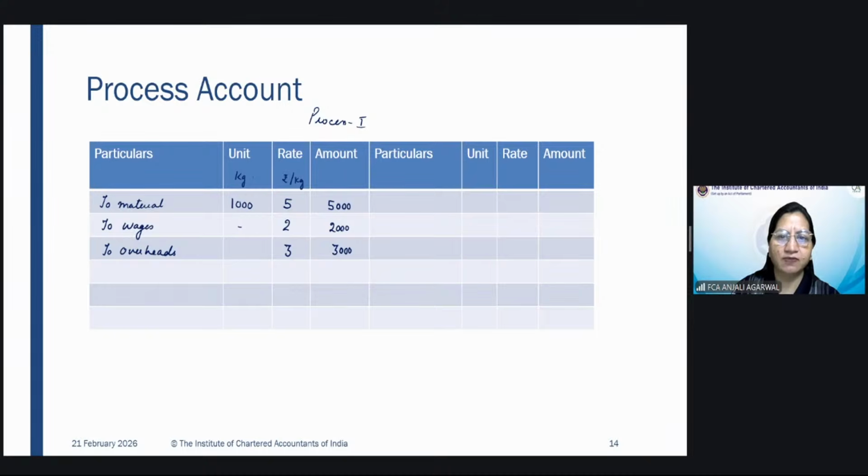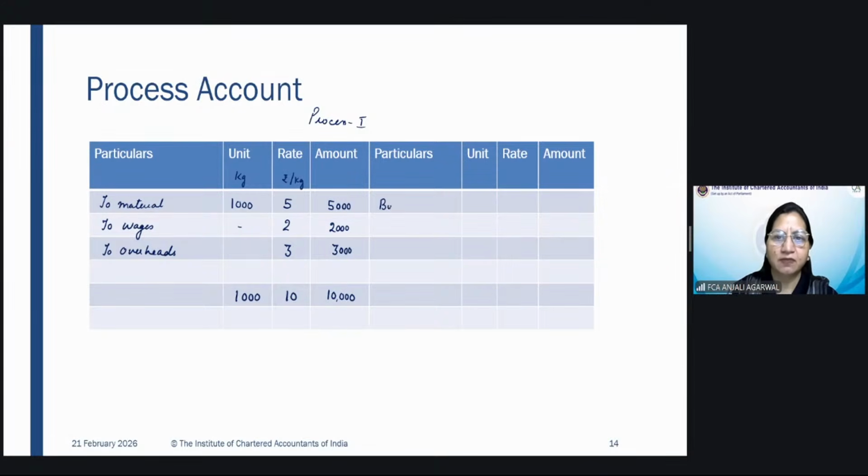Total cost is 5,000 plus 2,000 plus 3,000, 10,000. And total number of units are 1,000, and cost per unit will be 10. Nothing is specifically mentioned about any normal loss, abnormal loss, or anything.